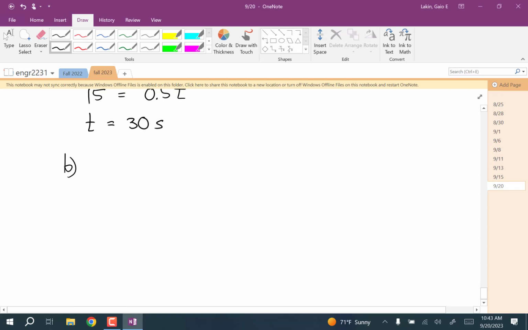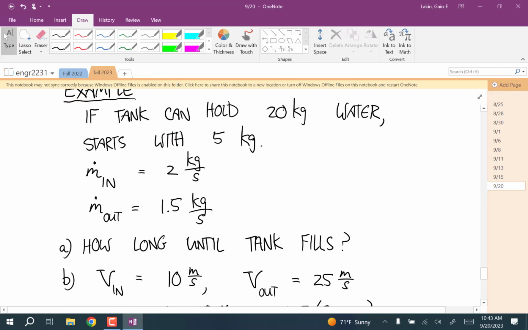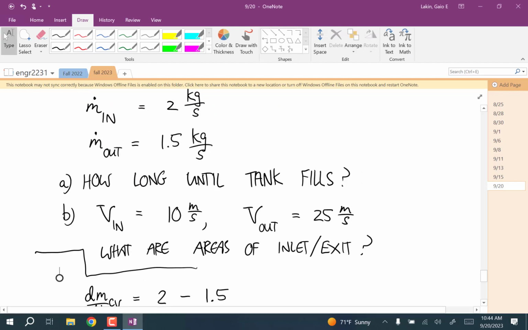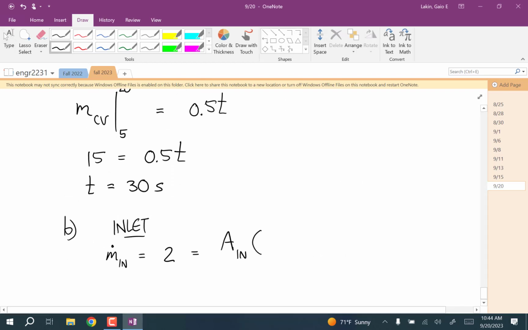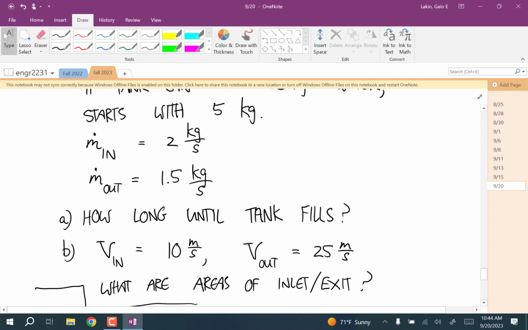Okay, so second, now we want to calculate the area of the inlet and the exit. So at the inlet, we know that m dot in was equal to 2. And that's equal to the area of the inlet times the speed that we're given, 10 meters per second, divided by the specific volume.